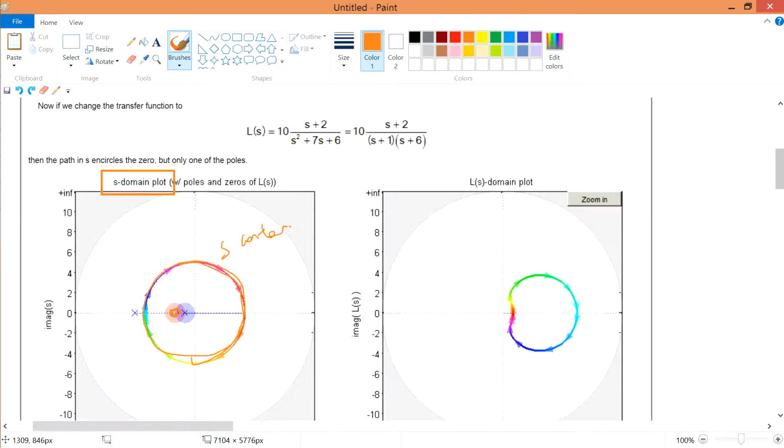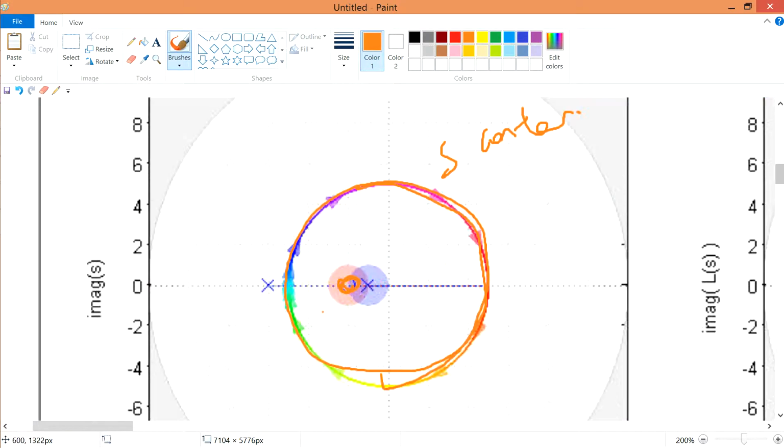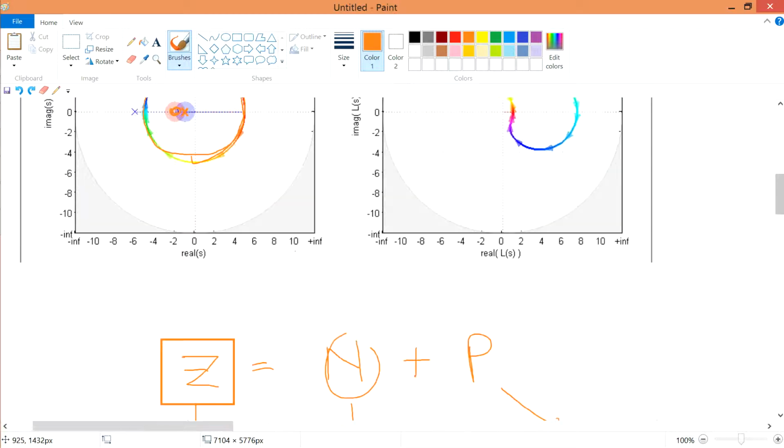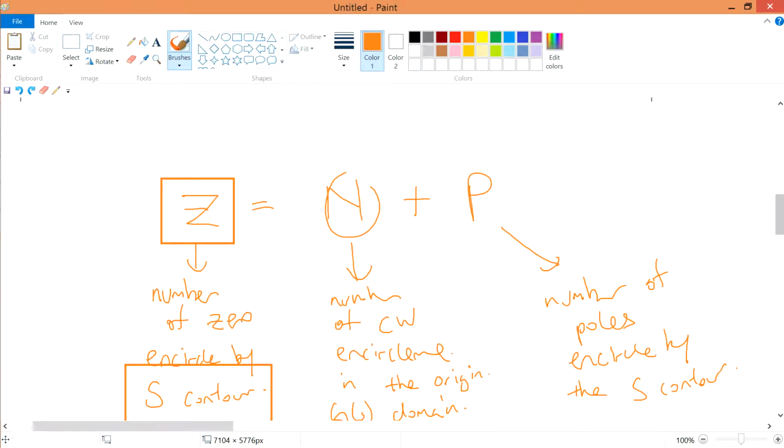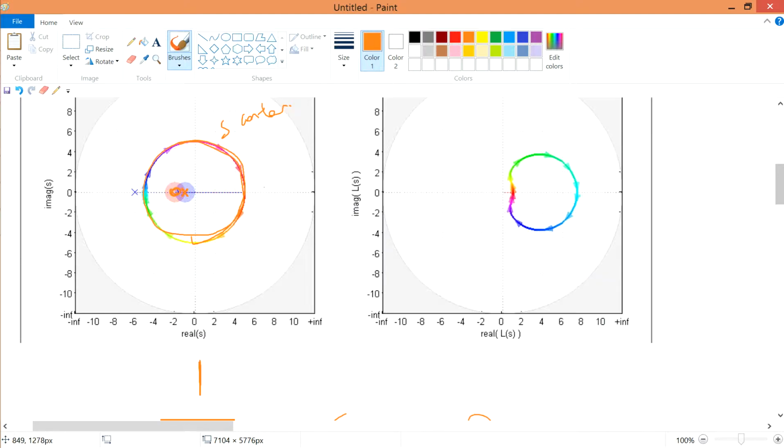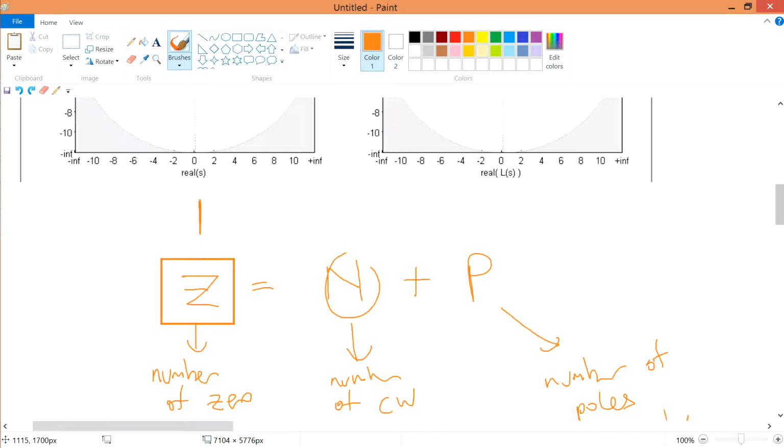So although we have two poles over here, this S contour only encircles one of the poles. The other pole is not encircled. So this means that Z is 1, because the number of zeros encircled by the S contour is 1, right? And the number of poles encircled by this contour is also 1.